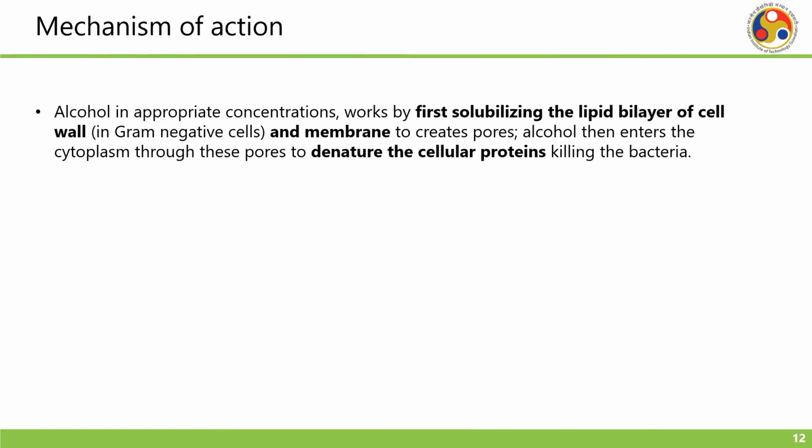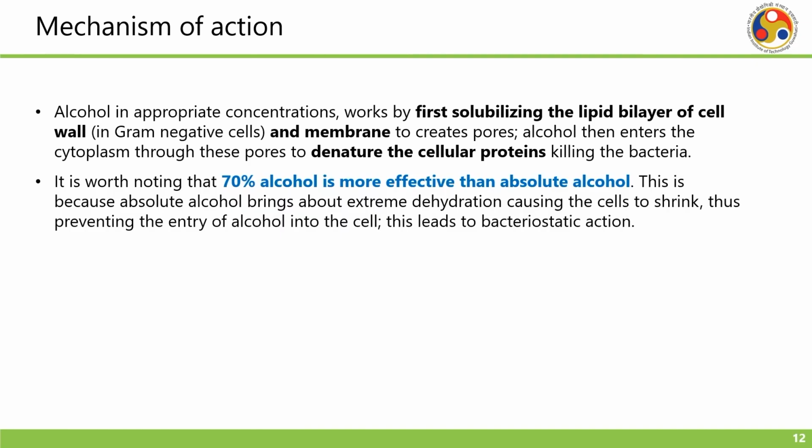Alcohol in appropriate concentrations works by first solubilizing the lipid bilayer of the cell wall in gram negative cells and membranes to create pores. Alcohol then enters the cytoplasm through these pores to denature the cellular proteins and finally kills the bacteria. It must be mentioned that 70% alcohol is more effective than absolute alcohol.